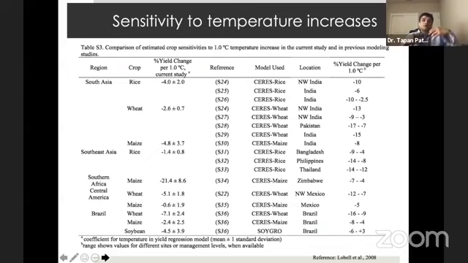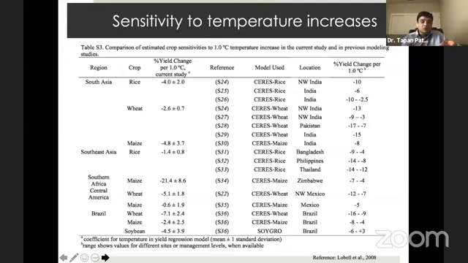There was a paper by Lobell in 2008 where they looked at how a 1 degree centigrade increase in temperature is going to have an impact on rice, wheat, and maize production. As you can see, there are many parts of India where it shows different types of models.